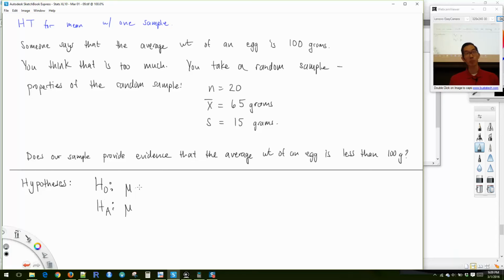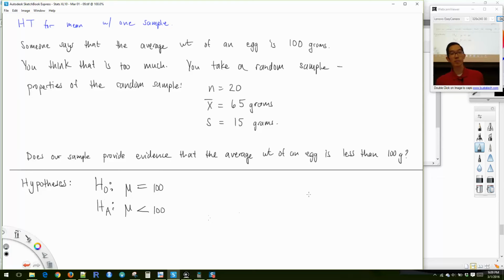The null hypothesis always has an equal sign. So mu is equal to, and we want to know, do we have evidence that the average weight is less than 100? So our null would be that the mean is equal to 100, and then the alternative will be that mu is less than 100.